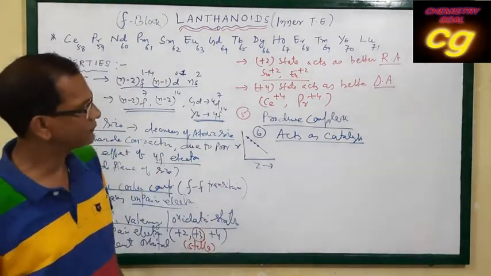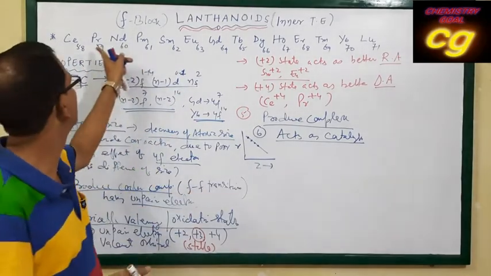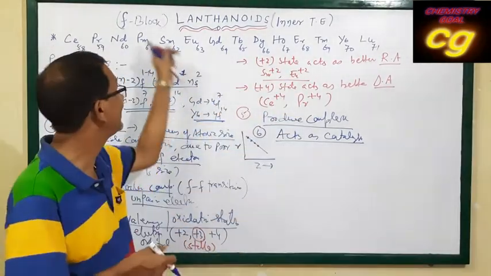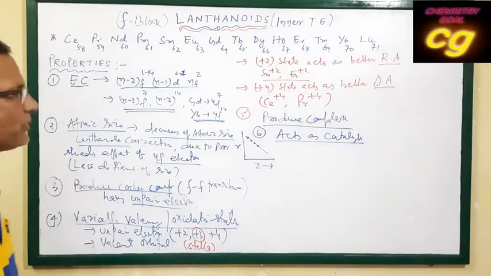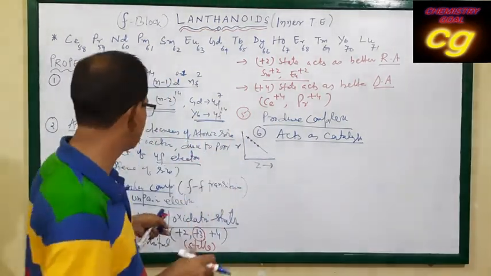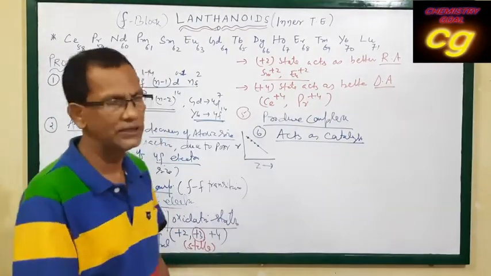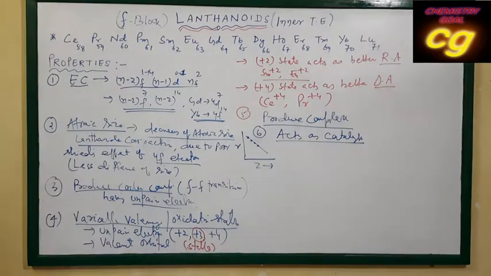Almost all lanthanoids show catalytic property due to vacant subshells, that is d and f, and also large surface area. That's why they act as catalysts.